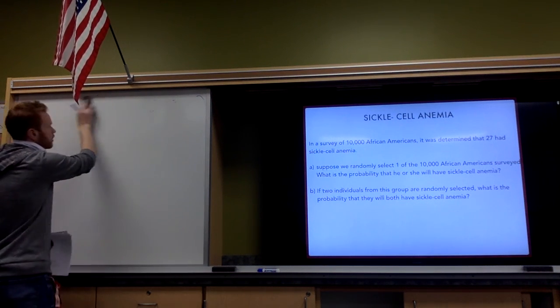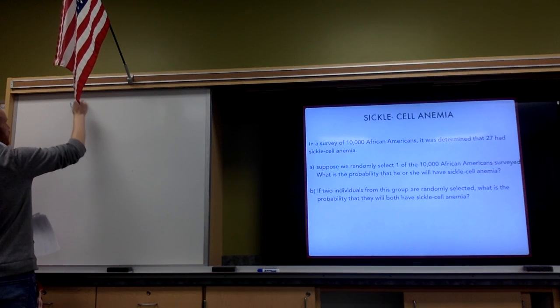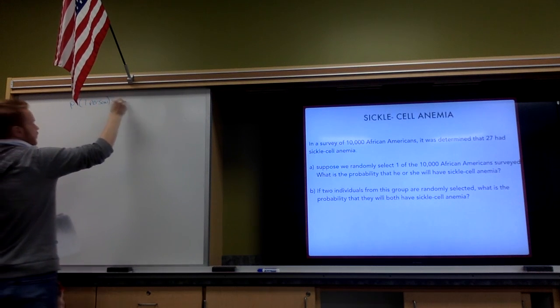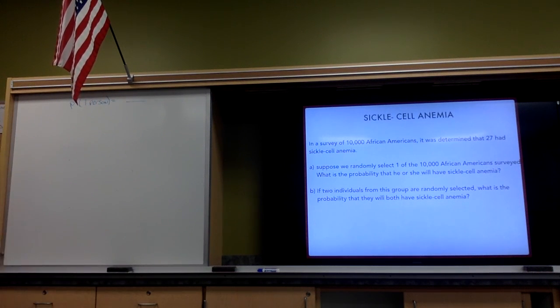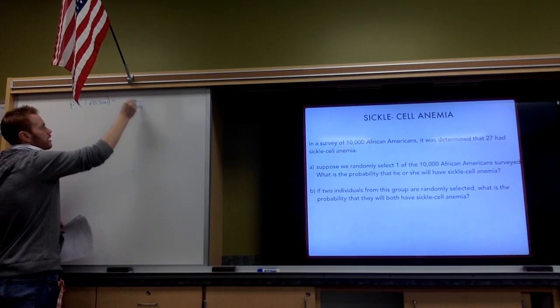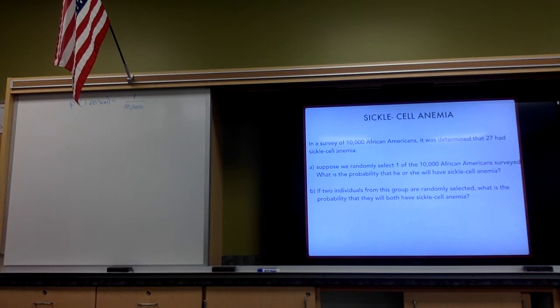Nothing addition-wise or multiplying-wise. So the probability that one person has sickle cell. Okay. So there's 10,000 of them in the survey, and there's 1 out of 10,000 that have it.